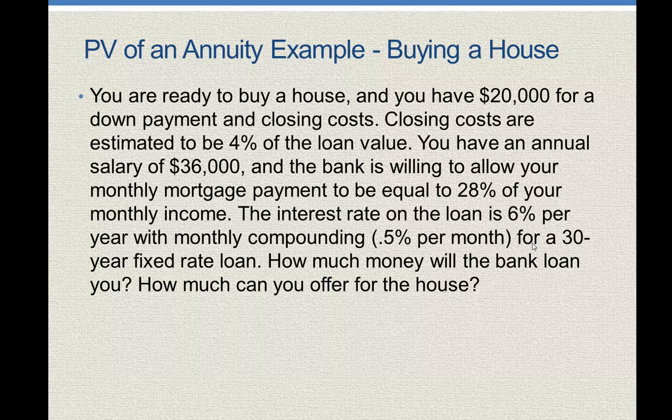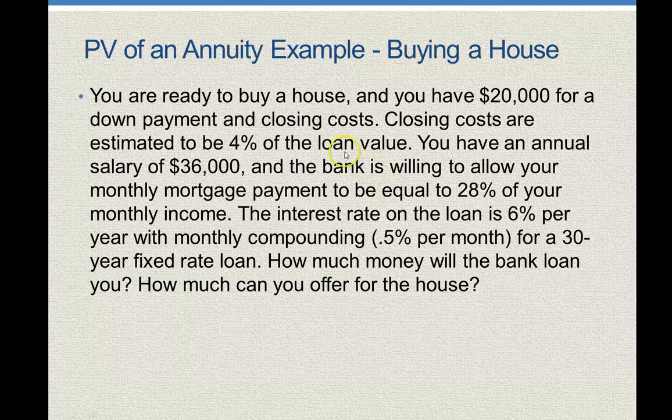So normally you will borrow part of the price from a bank. That's called a mortgage loan. This is an example of how to use the knowledge of the annuity and the present value of the annuity to determine the maximum price you can offer to buy a house.